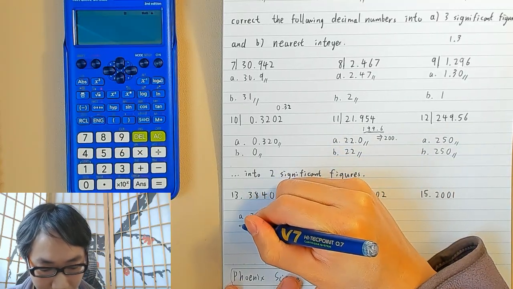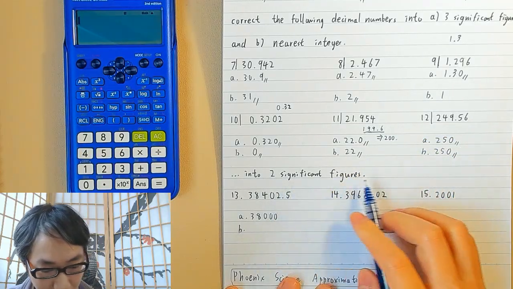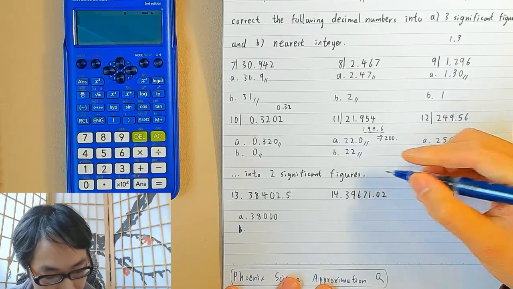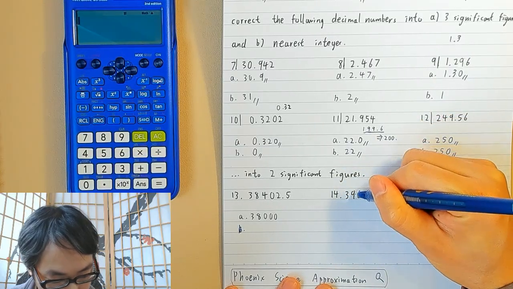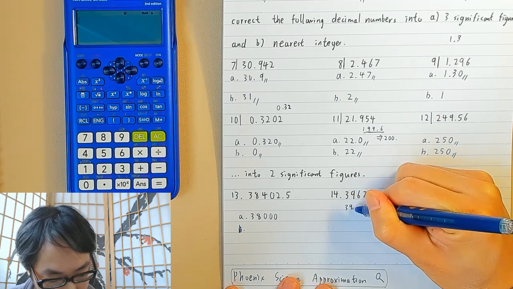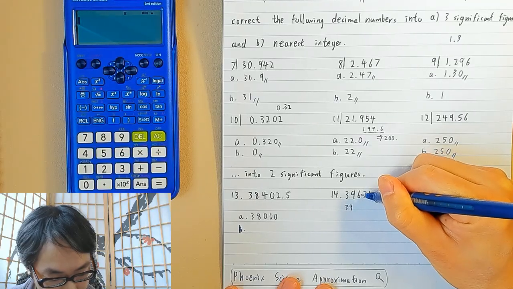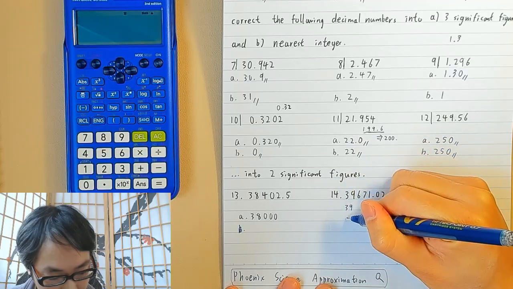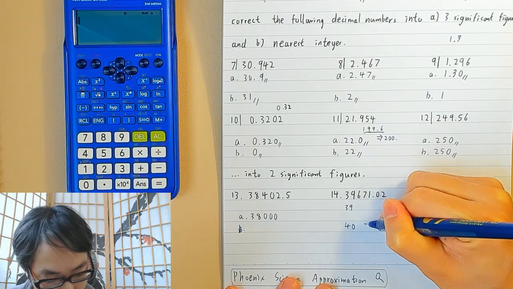And then B, there's only two significant figures, so 3 9. But then the next digit is 6, so this has to be increased. So 39 has been increased to 40. So we have 4 0.